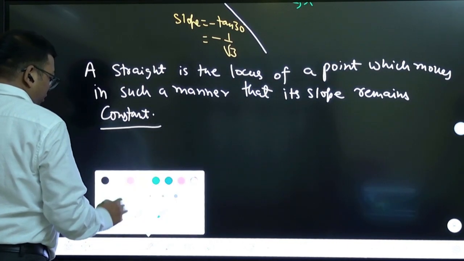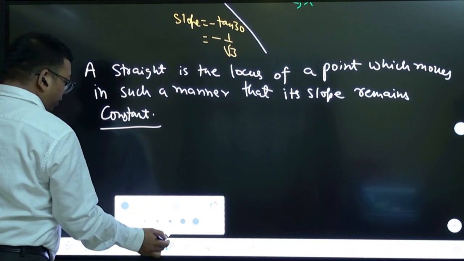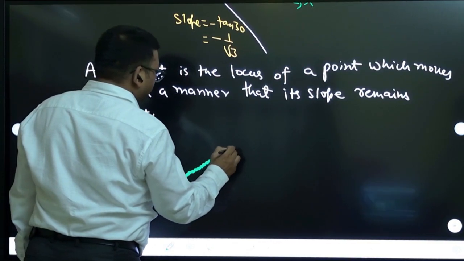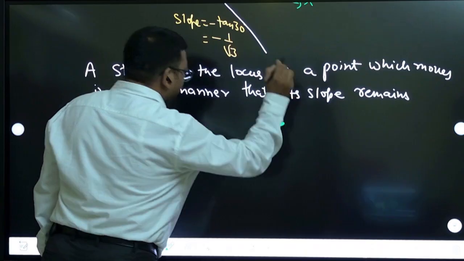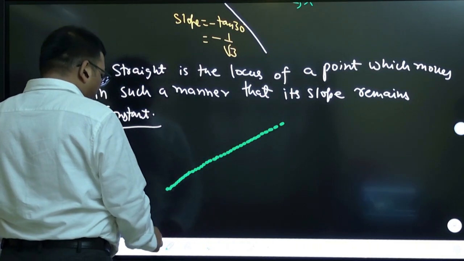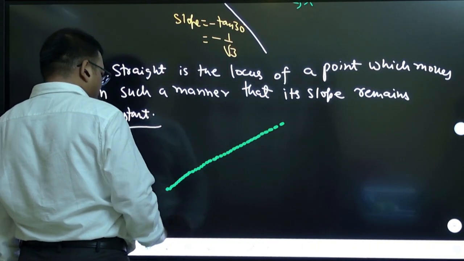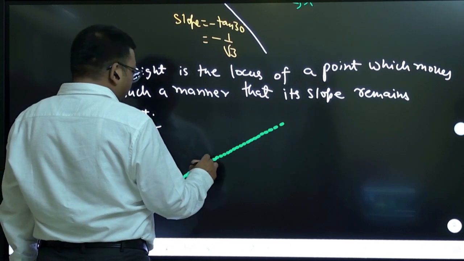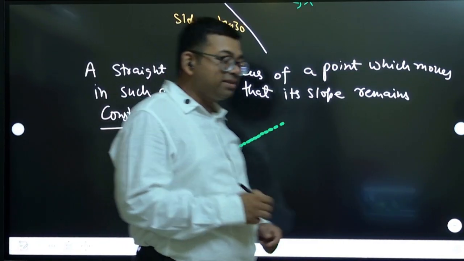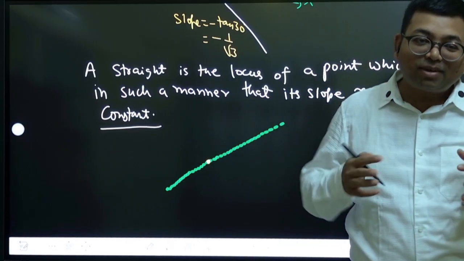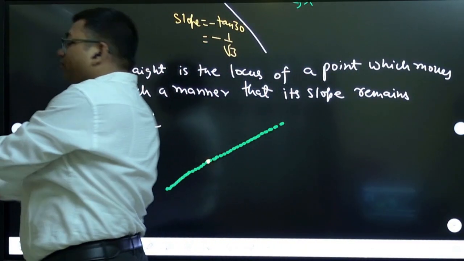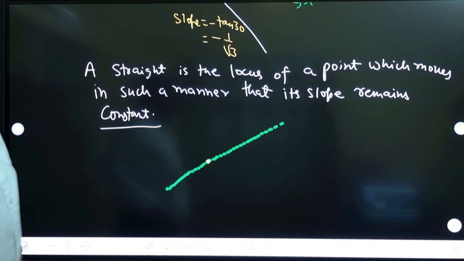For example, let us say a point is moving this way, maybe an ant or insect, in such a manner that the slope remains constant. Slope, I think you remember the concept, dy by dx is tan theta.